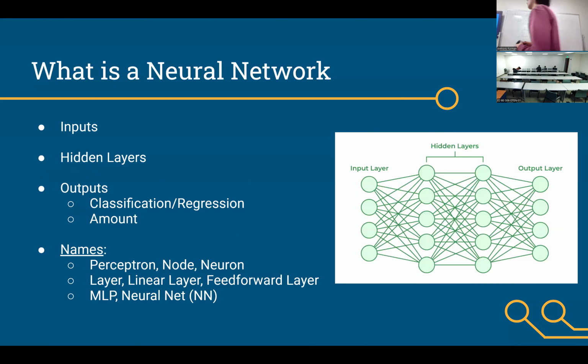So let's say this one has 4 inputs and 5 outputs. The number of perceptrons is the number of outputs. And this one has 5 inputs and 4 outputs.